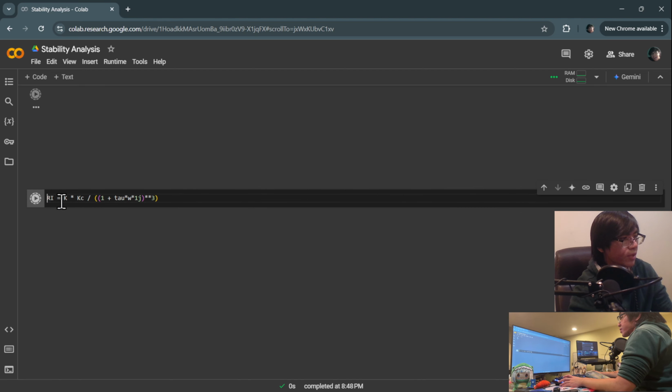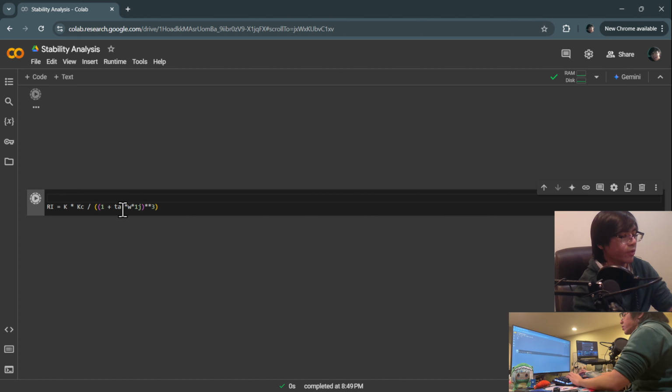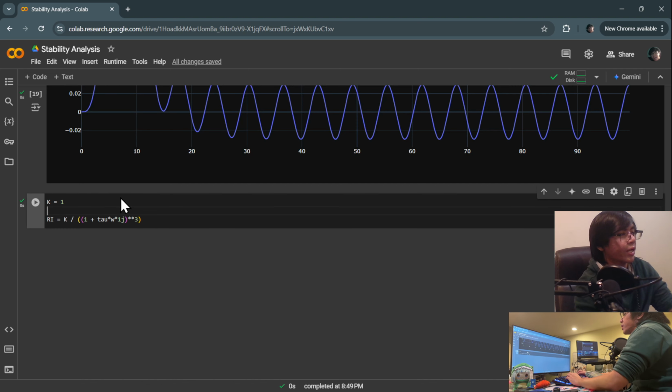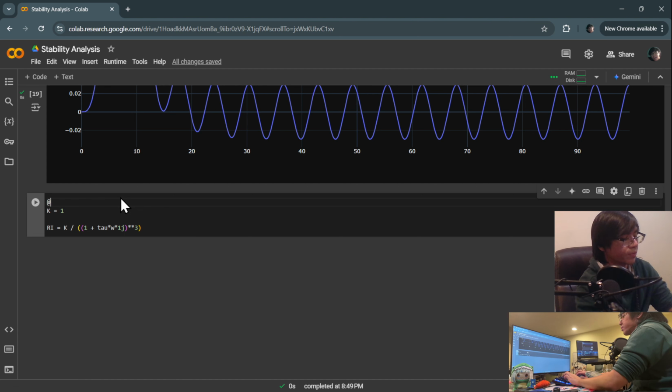I think this is where I was forgetting what to put for the inputs. I believe we put k is 1. We don't have a controller here. This is just second order.